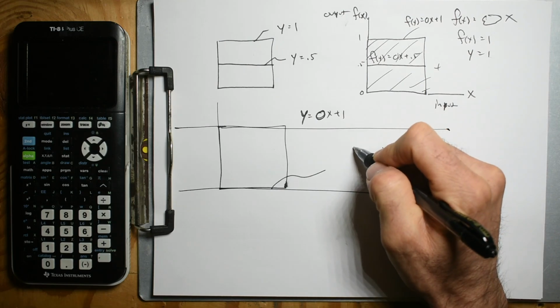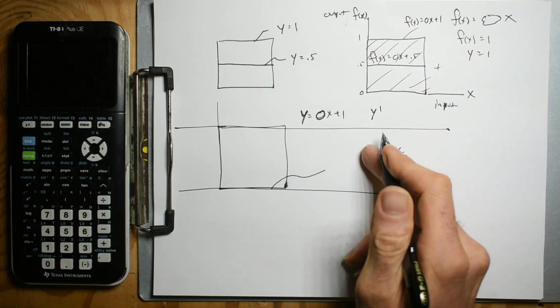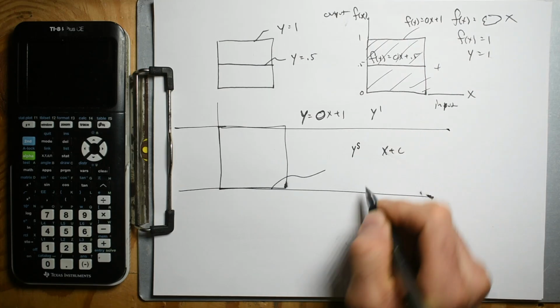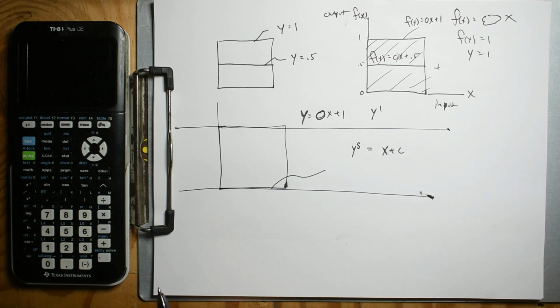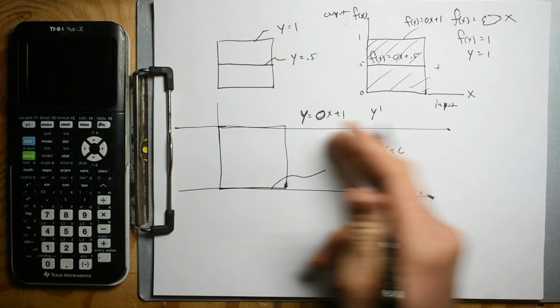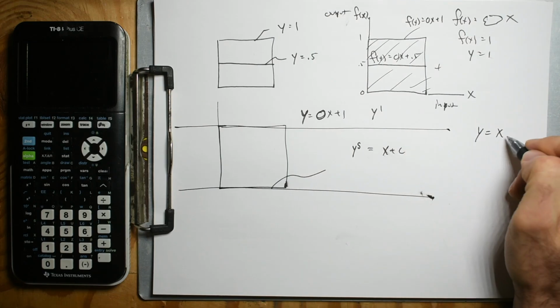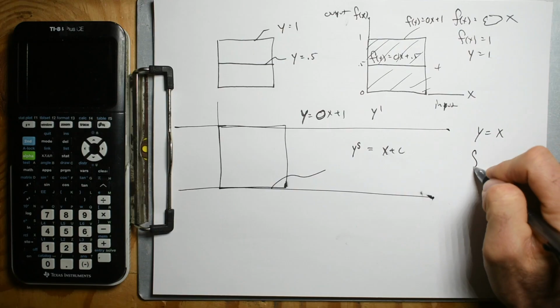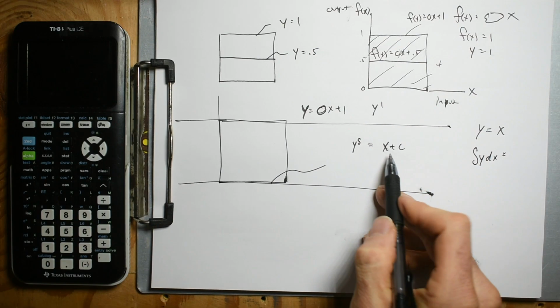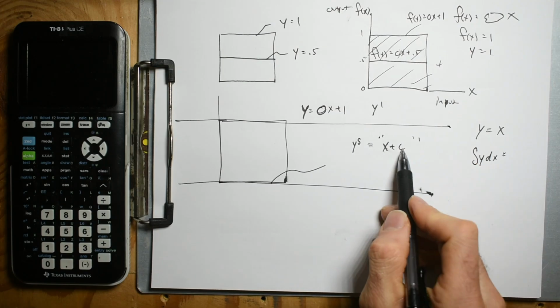And so let's say, sometimes your derivative is y prime. Let's say this is y, integral. I don't know how you would actually represent it. How do you represent it? If you have an equation y is equal to x, and then the integral of y dx is a family of equations, this is representing a bunch of equations.